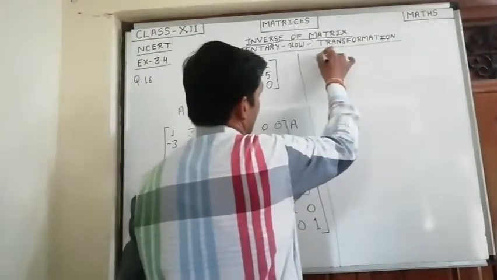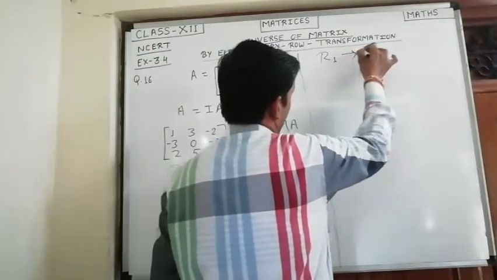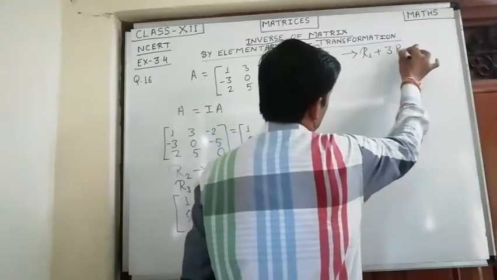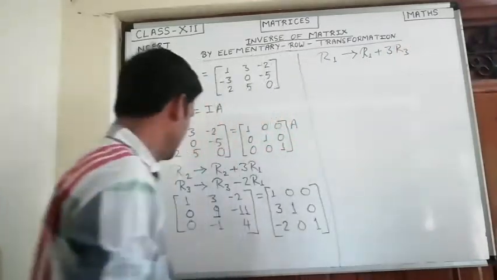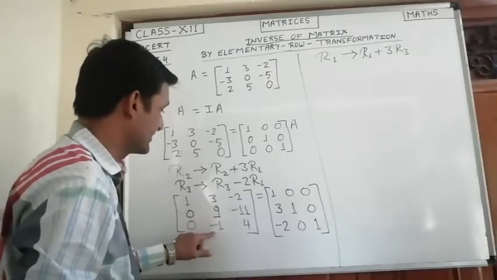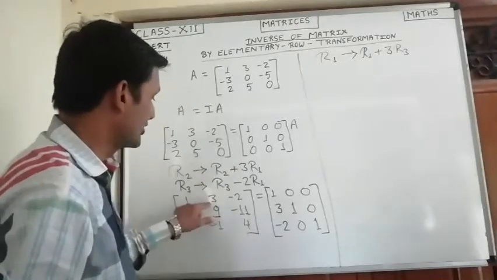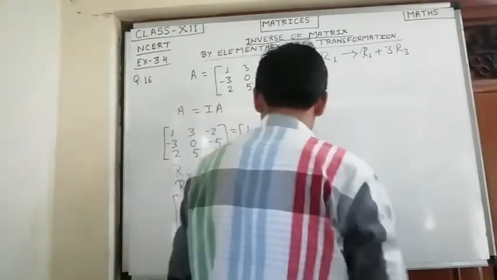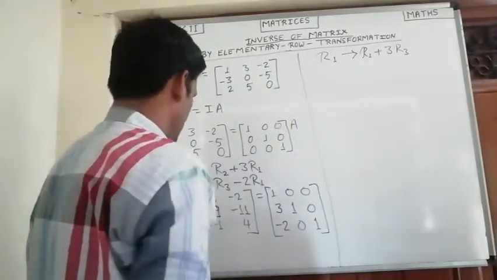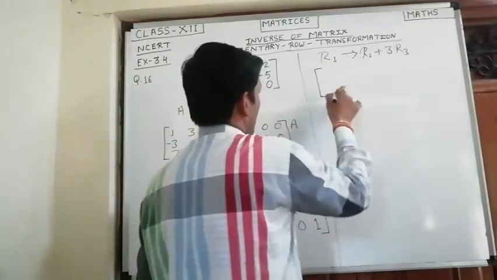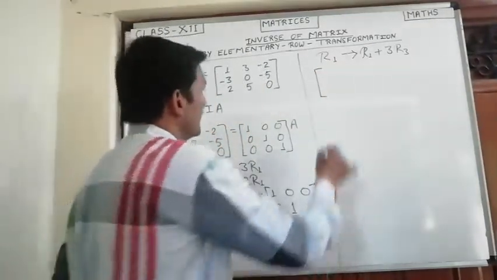So in R1, if we are applying R1 plus 3R3, then what will happen? 3 minus 3, this term will become 0. So we are applying only one property here.